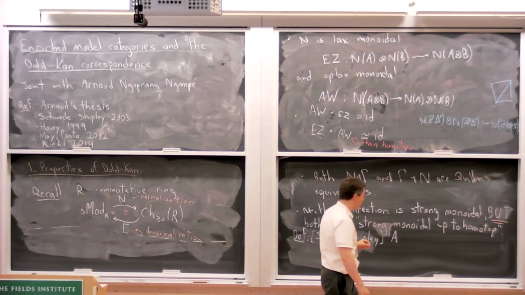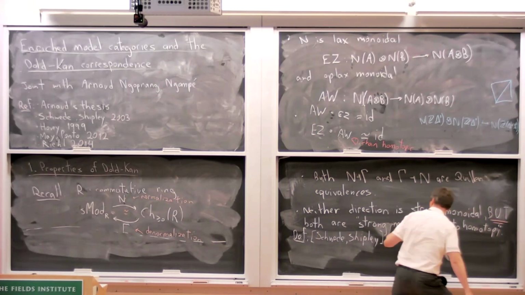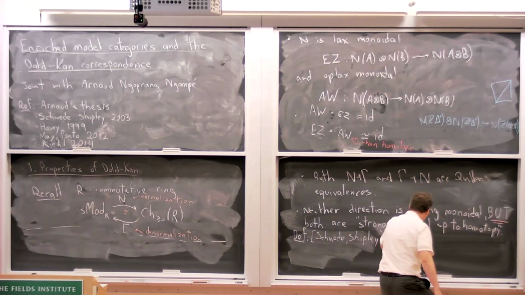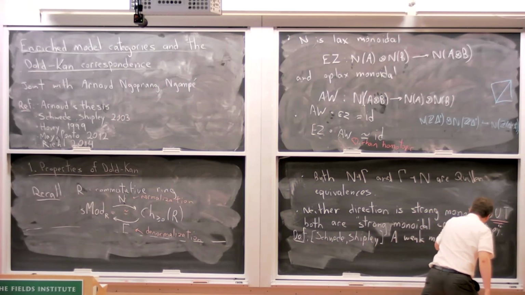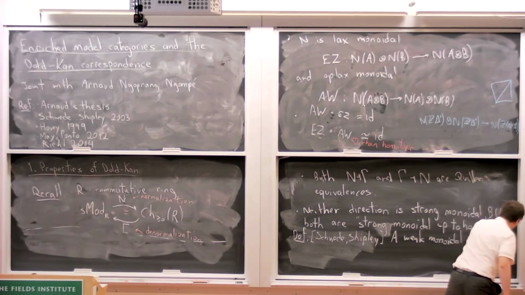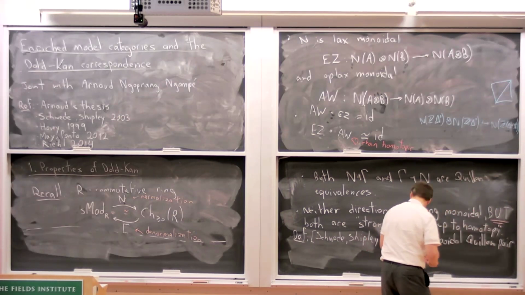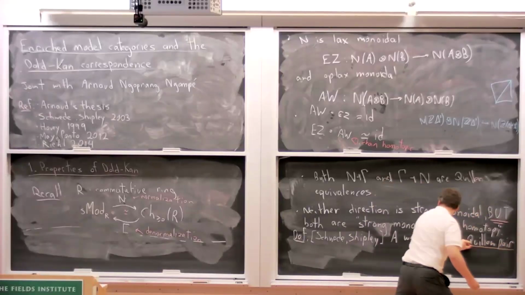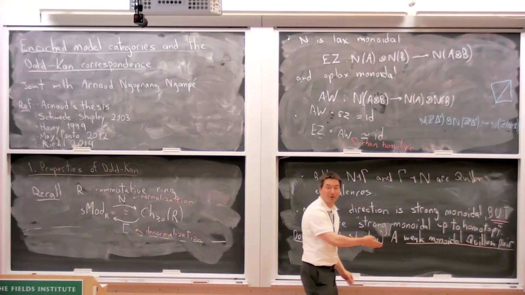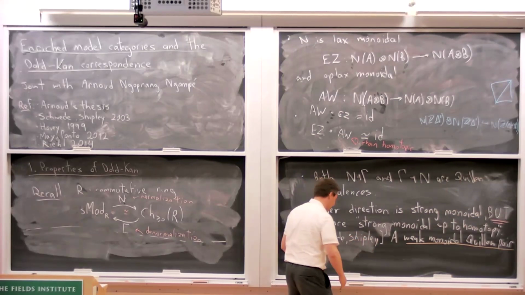It's a weak monoidal Quillen pair. Well, it better be a Quillen pair, otherwise that would be misleading. It's a Quillen pair.